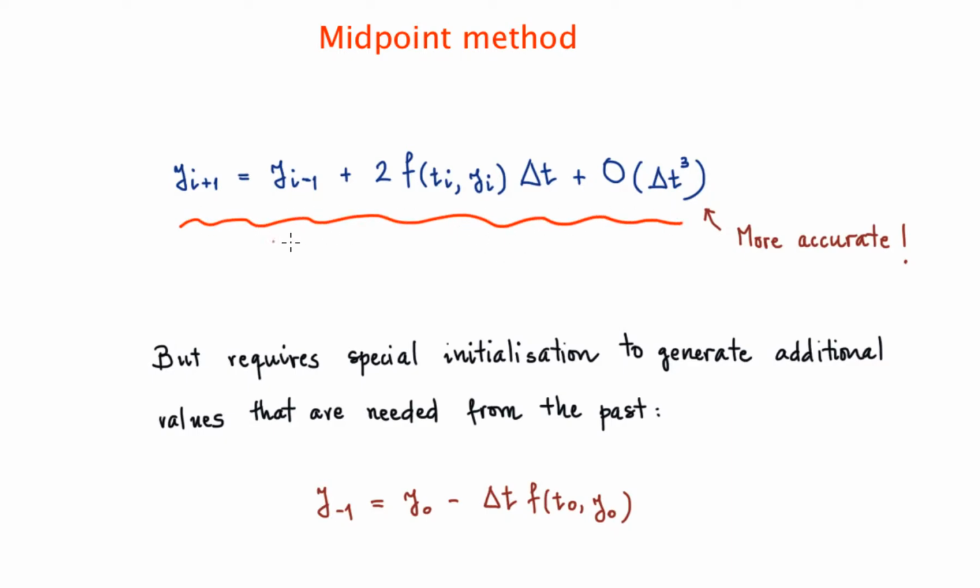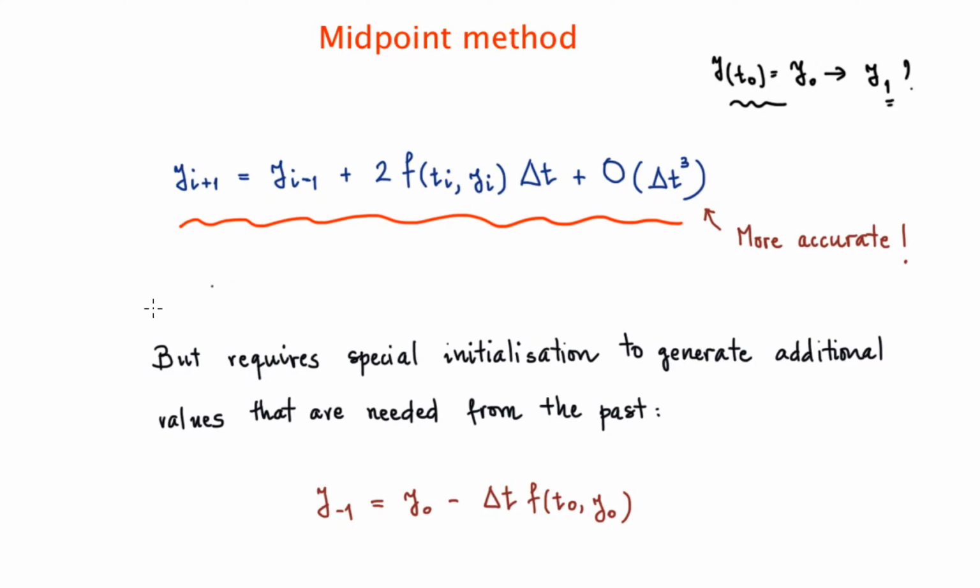The strategy is the same: once we know the function evaluated at time t0 is y0, then the strategy is to use that in order to get the value of the y function evaluated at time t1.